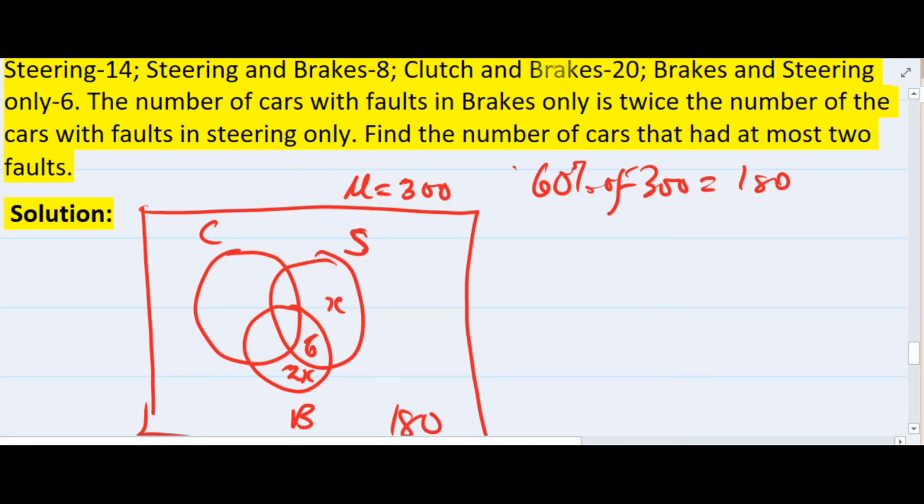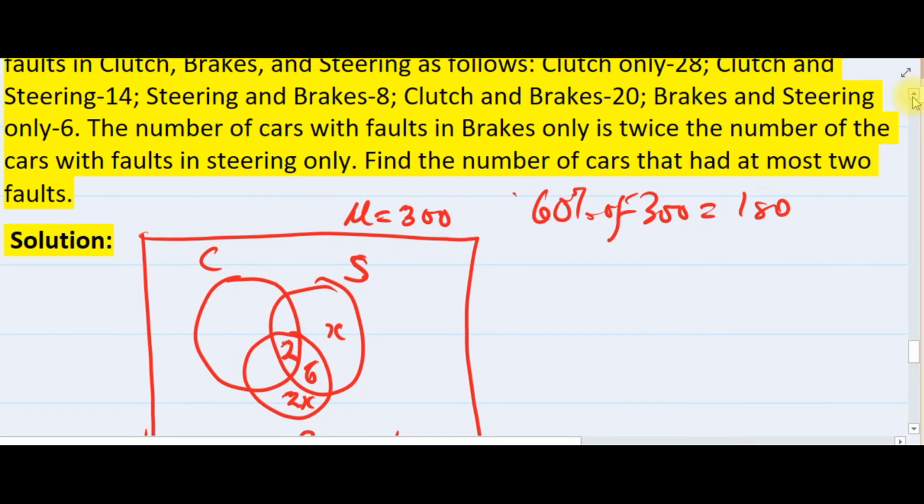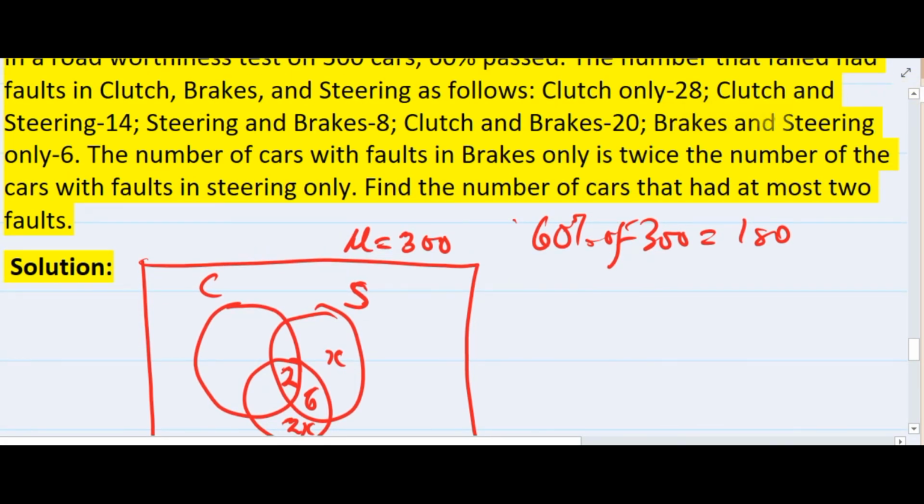Okay, they said steering and brake 8. Steering and brake 8, so meaning here should be 2 to make it 8. So the people that have faults in all the 3 is 2. So let's fill up the rest. They said clutch and brakes. We have clutch only 28.